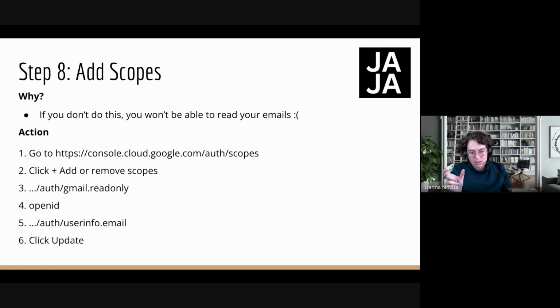You can just search for gmail.readonly and make sure to click on that menu item that shows up. And then you'll also want to search for OpenID as well as userinfo.email and make sure those are all selected and click update.